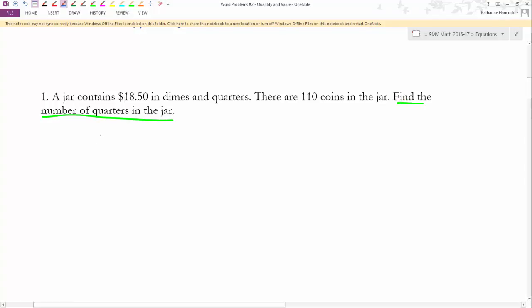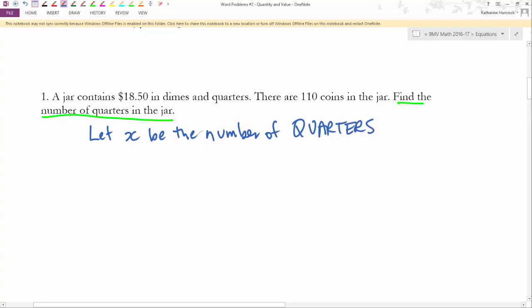So we're going to start with our let statement. Let X be the number of quarters. And I could have used Q, but we're going back to using X's. So X is going to be the number of quarters. We need an expression now for the number of dimes. So for the number of dimes, it gave us a clue.